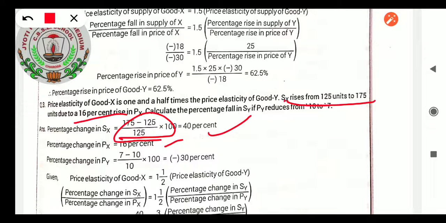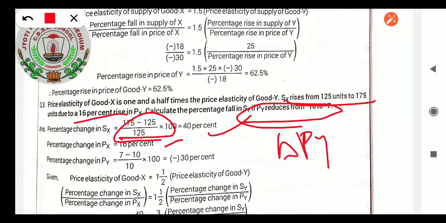Percentage change in price of Y equals 7 minus 10 divided by 10. It is already given that the price of Y reduces from 10 to 7, so we substitute the values here. We are finding the change in P, how much the price of Y changes.